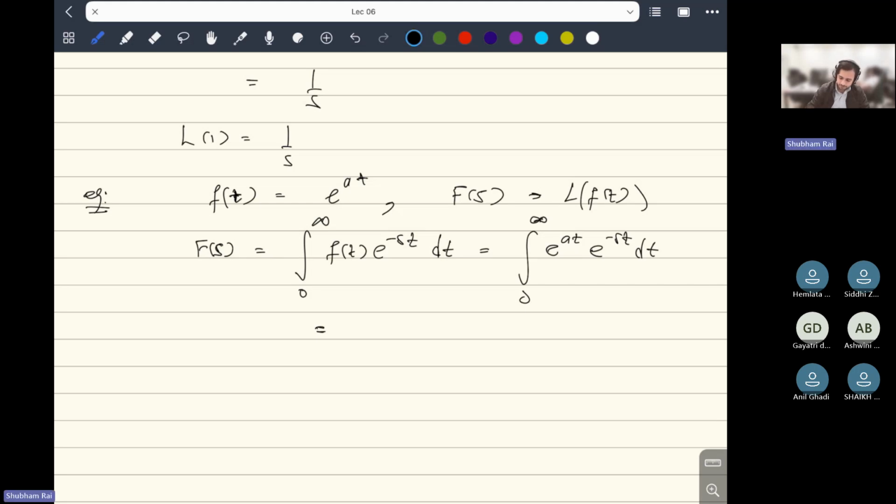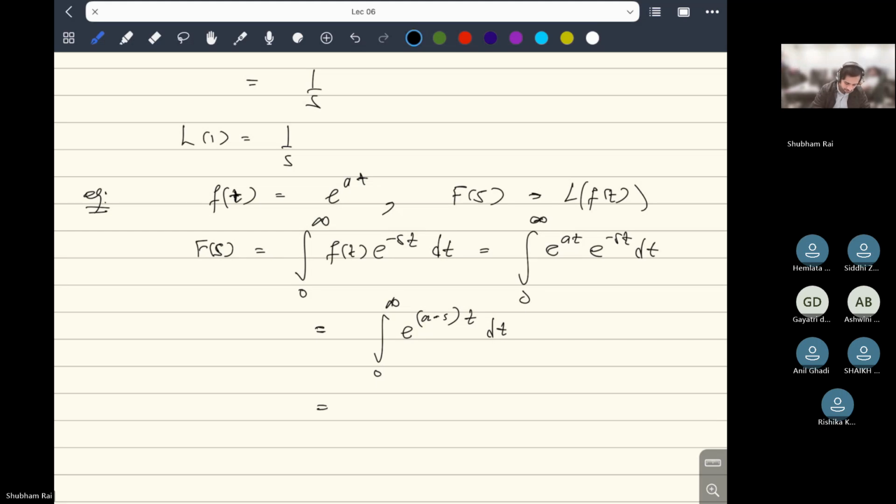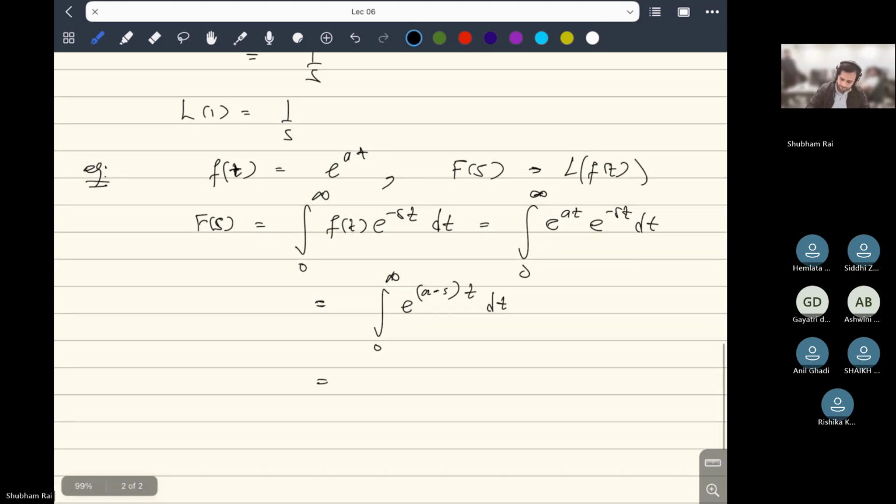So if you solve this, it's very easy. So e raised power, you can write it as a minus s, right? Integrate, you will get e raised power a minus s t divided by a minus s, right?